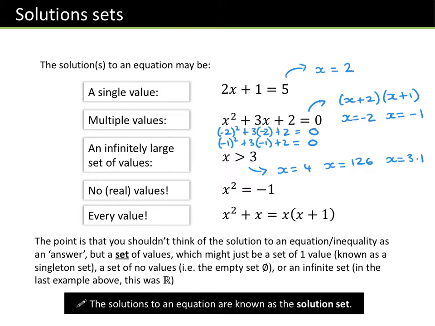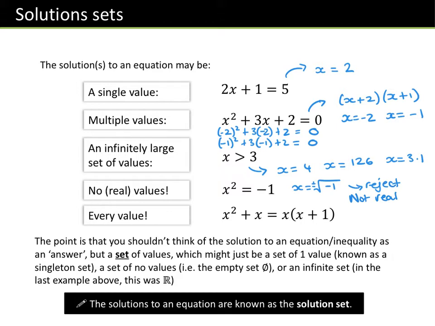The next one, x squared equals minus 1. That would mean that x equals the square root of minus 1, plus or minus. And we are going to reject that because it's not real. No real solutions. It's going to give us an imaginary number, which again, we don't need to worry about.